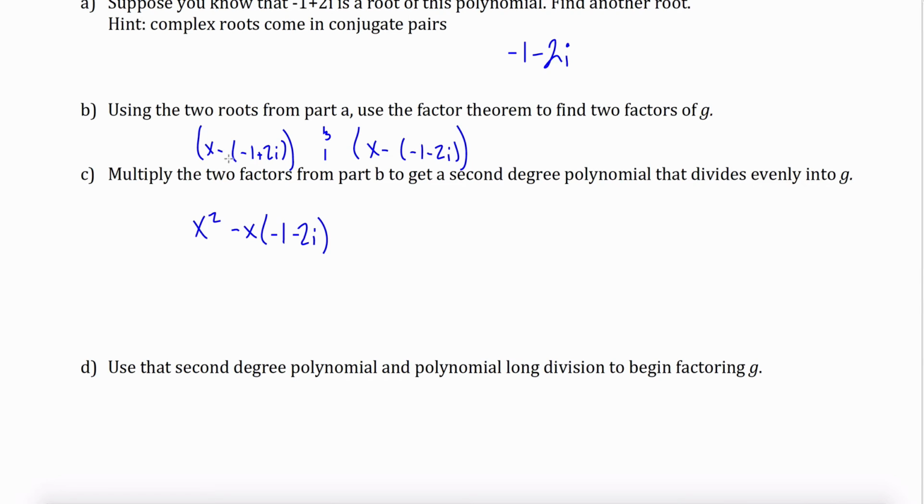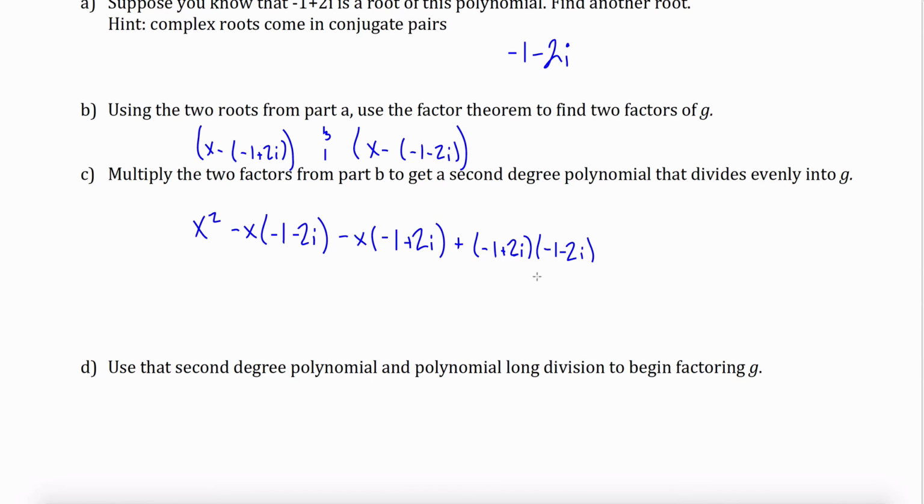X times the negative of negative 1 plus 2i gives me, well, let's see, I'm taking a positive times a negative, so I'll put a negative here, and then my x, and then what was in the parentheses, the negative 1 plus 2i. And then for the L in FOIL, I have this minus times this minus, so that makes a plus. Plus what? Well, the product of negative 1 plus 2i and negative 1 minus 2i.